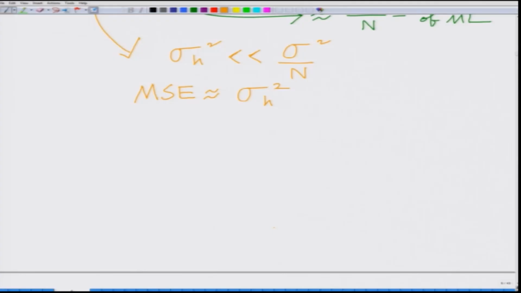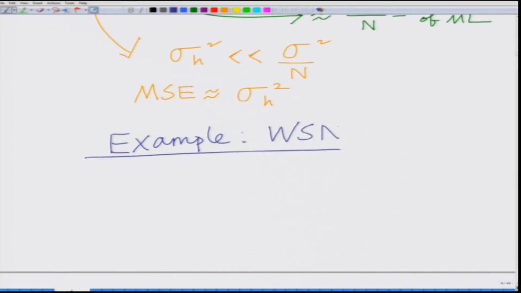Let us do a simple example to understand this thing, similar to the MMSE estimate. You have our WSN example that we have considered previously. Let us do the same example.